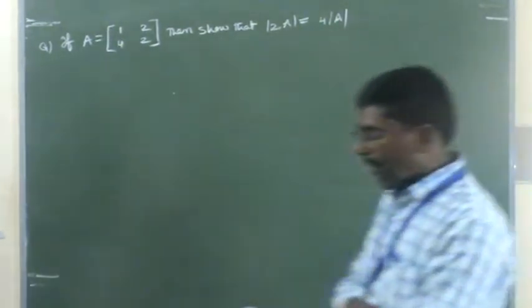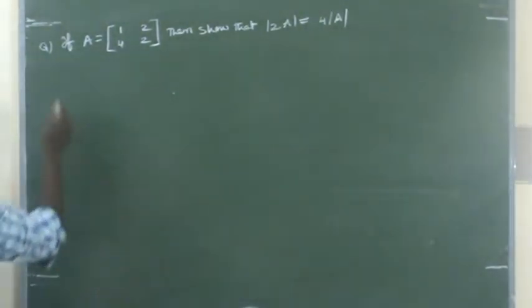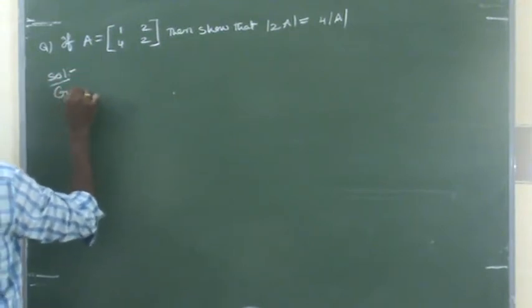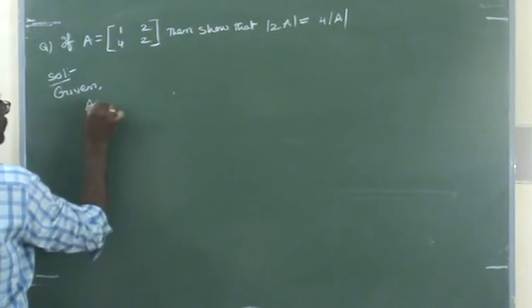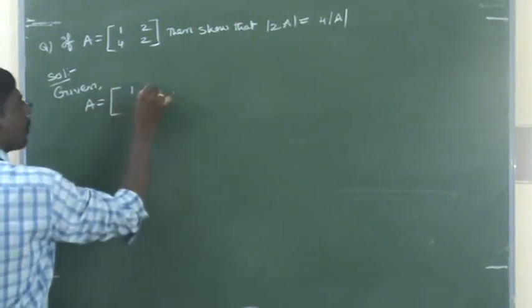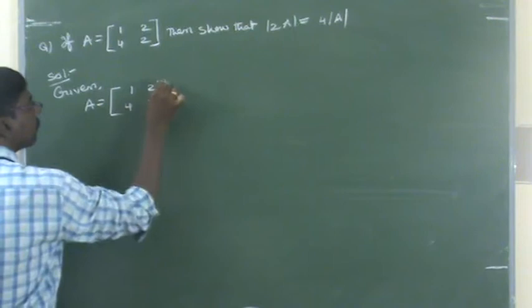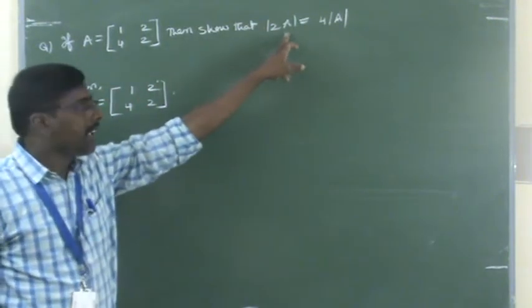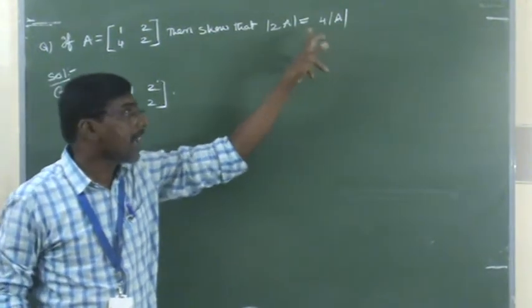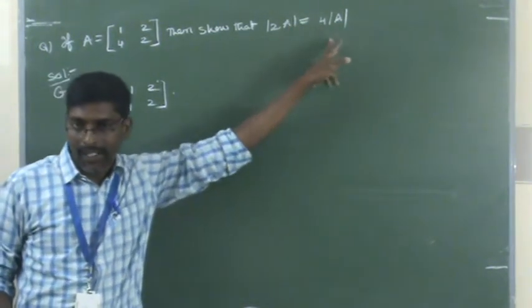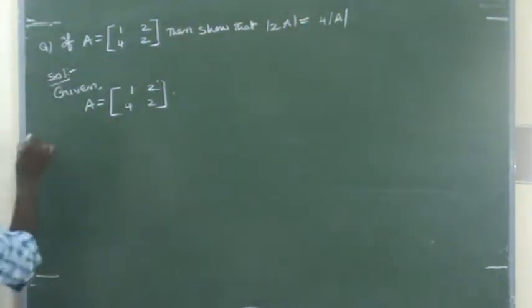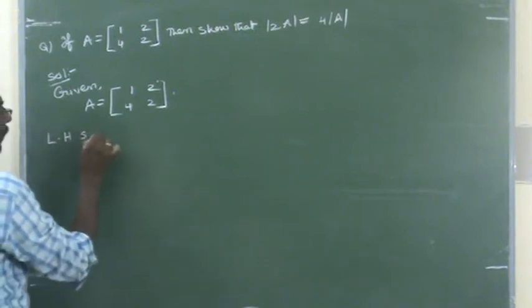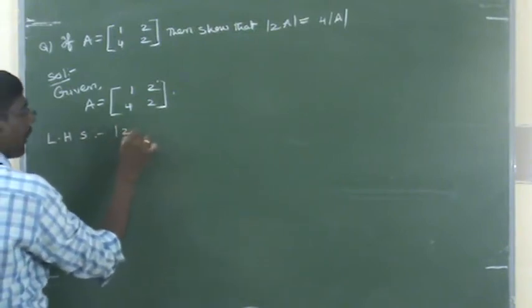In solving this problem, what is the given matrix? Solution: the given matrix A is 1, 2, 4, 2. First calculate the value of LHS, then calculate the value of RHS. For LHS, what we need to find is the determinant of 2A.